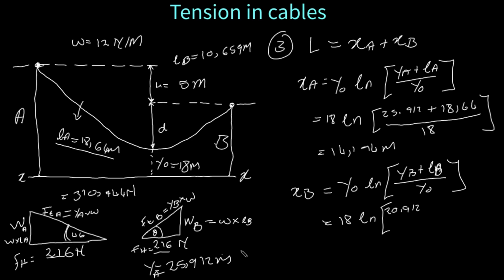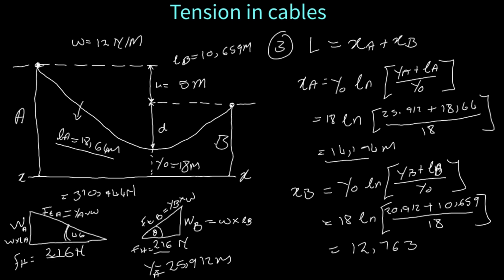Remember, we just minus 5 from this, plus LB is 10.659 divided by 18, and this gave me 12.763.